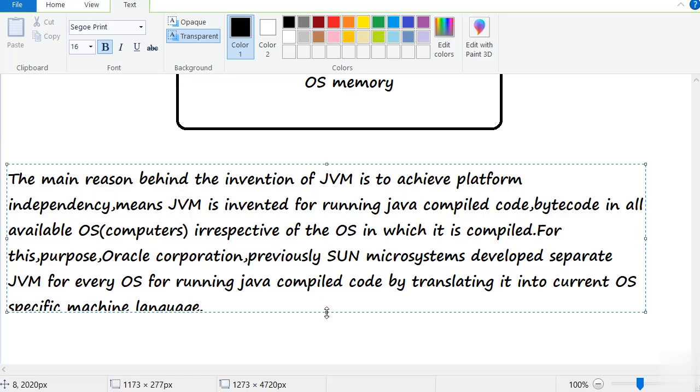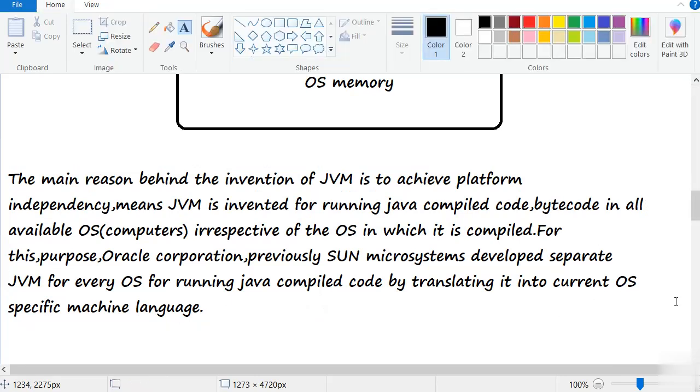So this is the point we have discussed just now. The main reason behind the invention of JVM is to achieve platform independency. Means JVM is invented for running Java compiled code, that is nothing but a bytecode, in all available OS, irrespective of the OS in which it is compiled.